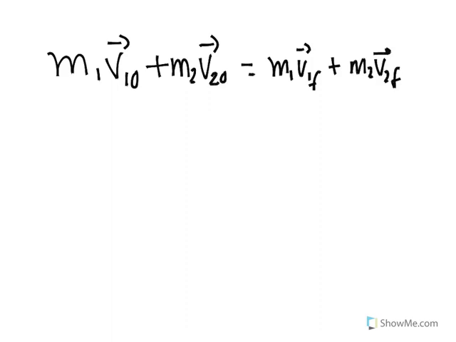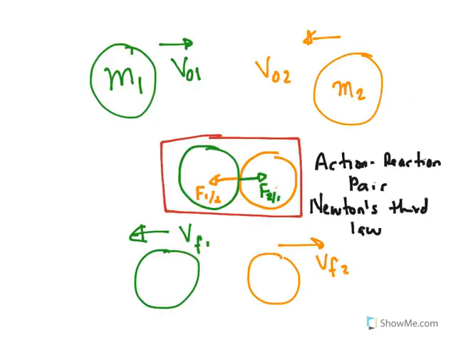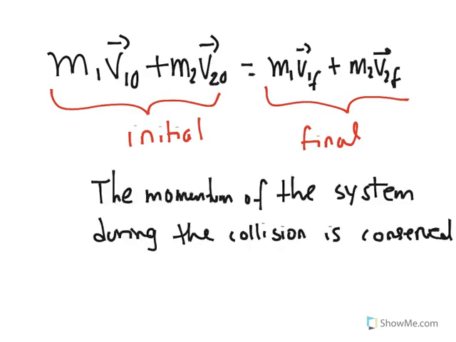So this is the initial momentum of the system. This is the final momentum of the system. Although the momentum of each mass is going to change, the momentum of the system during the collision is conserved. This is the conservation of momentum in collisions.